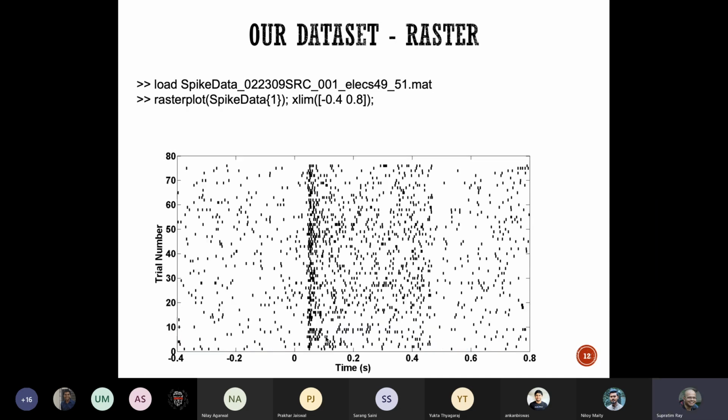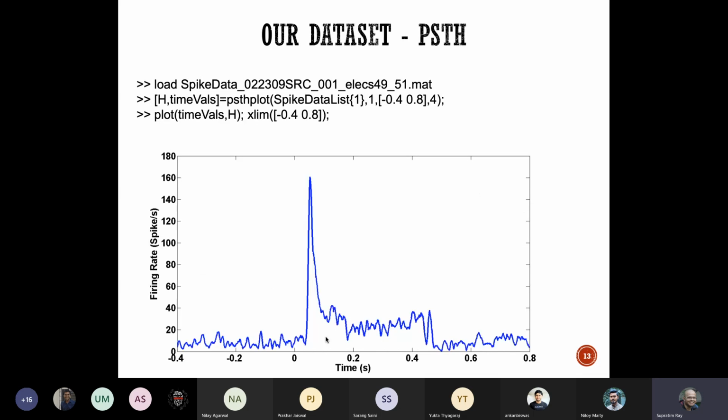So in this case, you have the data and you can actually see how one neuron fires action potentials when you present the stimulus. In fact, I've given you data from two neurons. So if you put spike data list 2 here, you would see the firing rate of a second neuron as well. Two simultaneously recorded neurons when the data was presented 76 times.